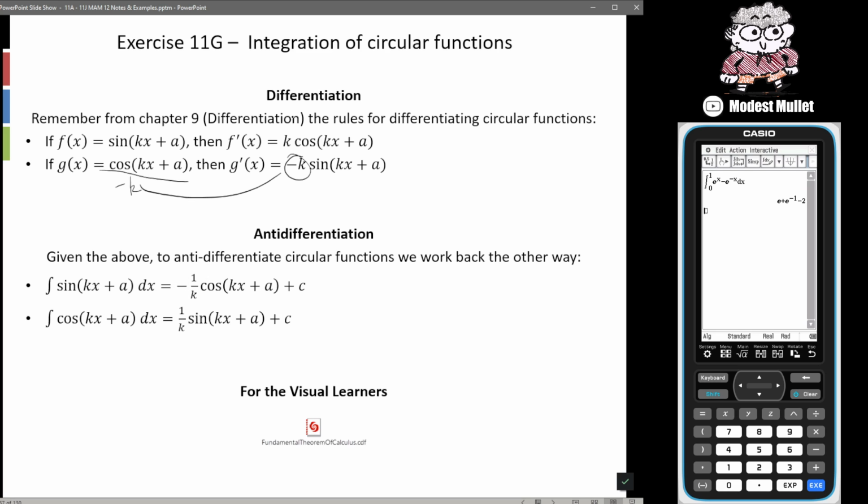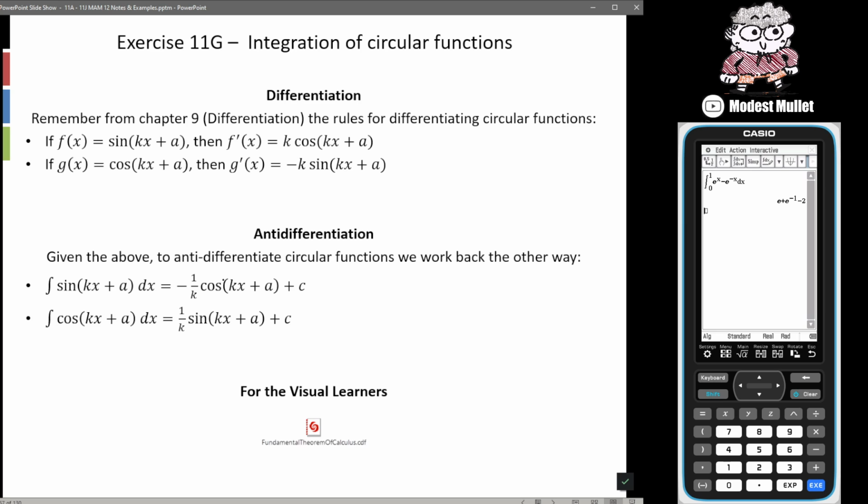So we get the antiderivative of sine is negative 1 on k cos, and the antiderivative of cos is 1 on k sine, with k being the coefficient of a linear internal function.